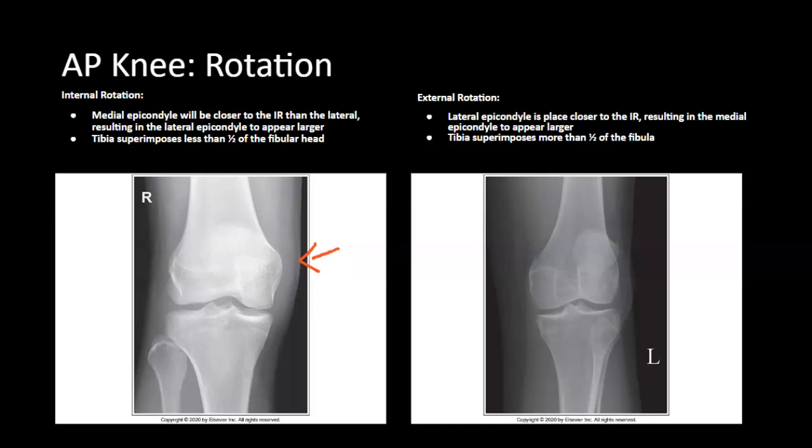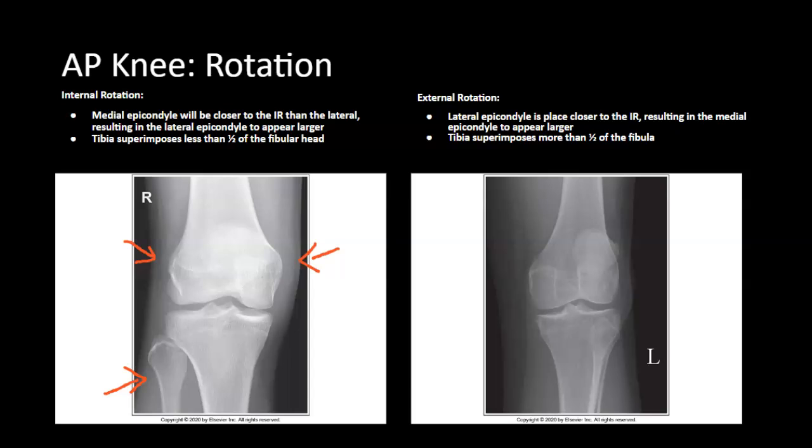And so it's closer to the IR than the lateral, decreasing its magnification. This results in the lateral epicondyle appearing larger than the medial because it's more magnified. Also, you want to look at this relationship of the tib-fib. The fibula starts to become less superimposed.